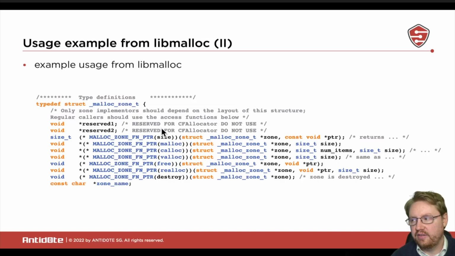And as you can see here, all the function pointers are basically defined as malloc zone function pointer. So automatically they get their pack modifiers applied to it, so that when you use them in the code, the compiler will automatically generate pack protected code for the specific access.